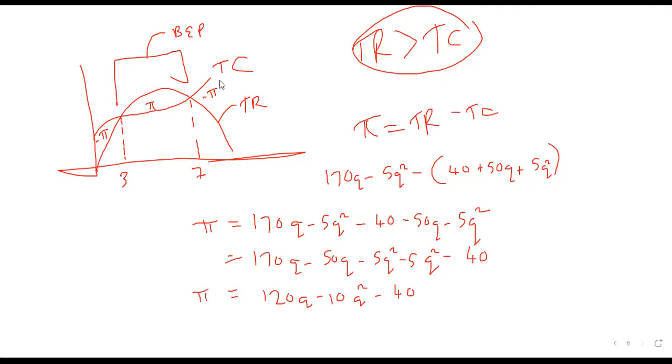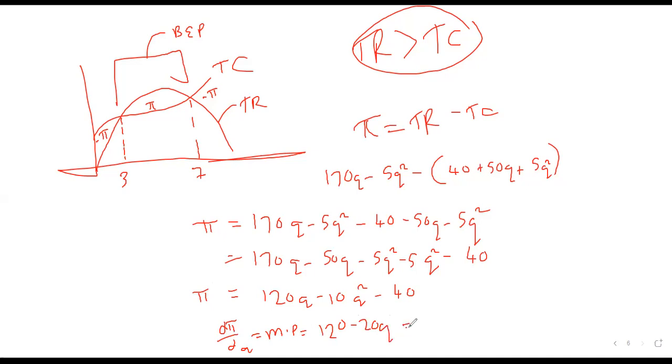So now to maximize profit, we differentiate pi over Q. We call this a marginal profit. So marginal profit here will therefore be 120Q becomes 120. 10Q squared becomes 20Q. What happens to the 40? It drops out.